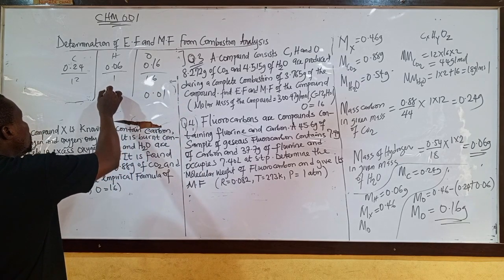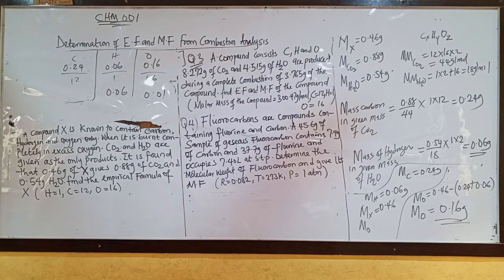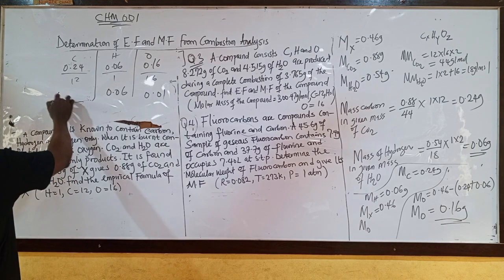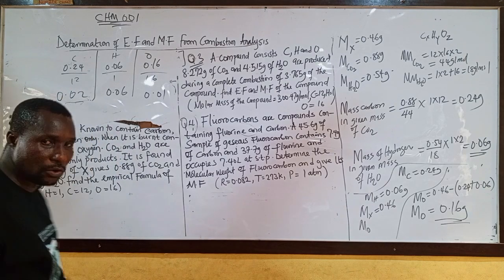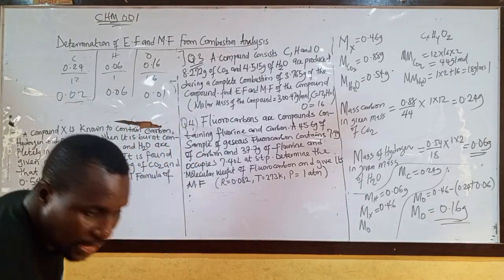This one will give you 0.06. This one will give you 0.01. Then divide by the smallest.